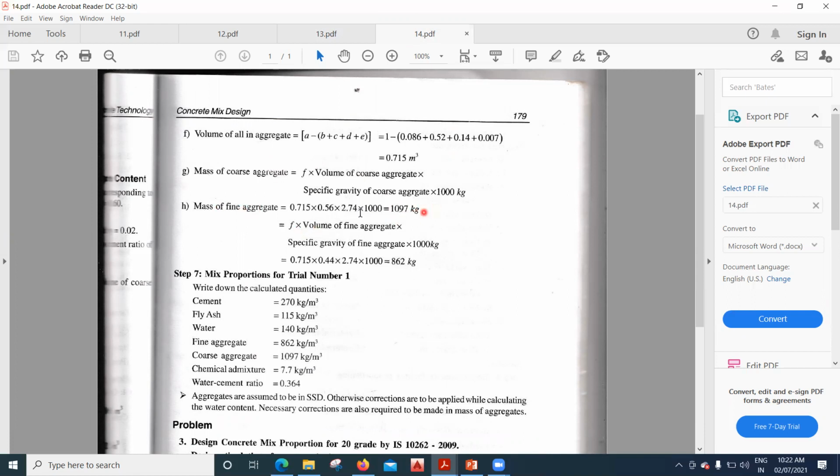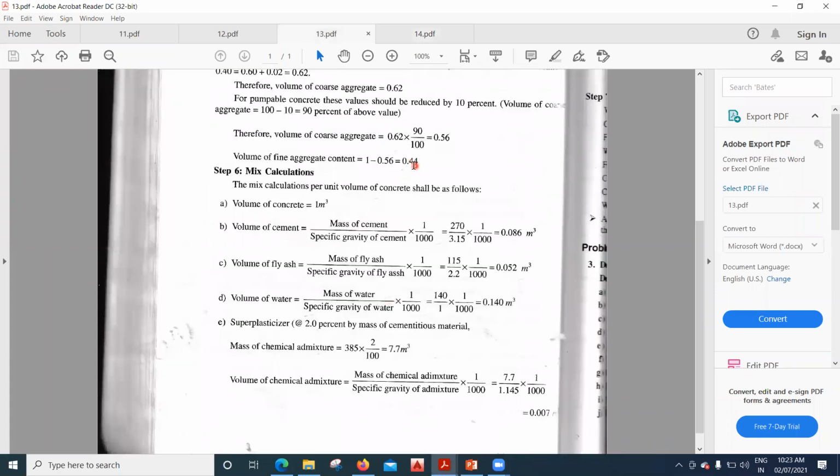Similarly for fine aggregate, if you're getting confused, this should have come here, mass of fine aggregate. For mass of fine aggregate, do the same thing. Instead of 0.56 here, this time you have to take fine aggregate.